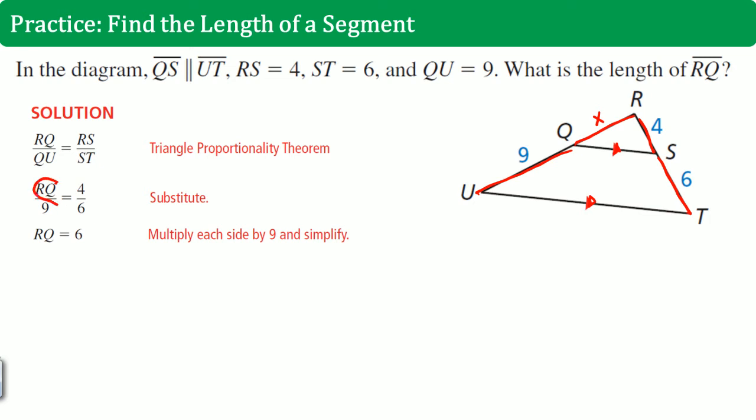So it became 6 times RQ is equal to 4 times 9, which is 36. Then we divide by 6. That's how you got RQ equals 6. So here we would say that x is equal to 6. Good.